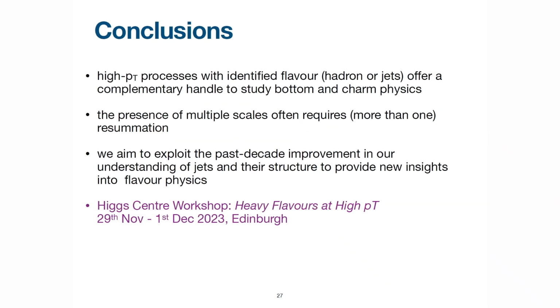Okay, so this brings me to my conclusion. Processes that identify flavor, being flavor jets, or identify hadron decays, offer a complementary handle to study flavor physics at the LHC, complementary to what is done by the LHCb collaboration, let's say.